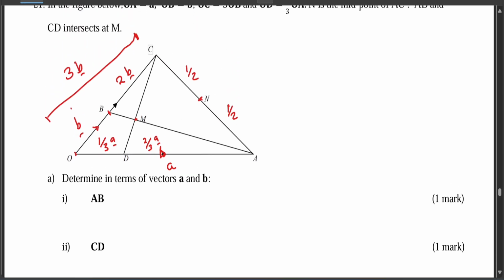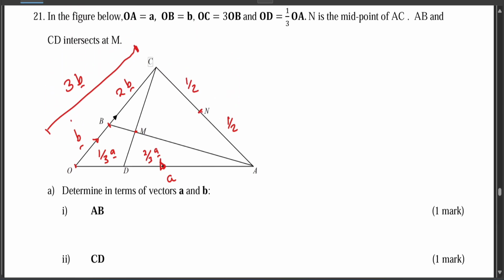So it's an easy question. We want to find out for the first question, which is AB. And AB is this one. So if you want to start from A and reach B, which route will you use? Use the route whose vectors you have already been given. Don't use a route whose vectors you have not been given, it will be a problem. So instead of going AC and CB, I'll go AO plus OB.